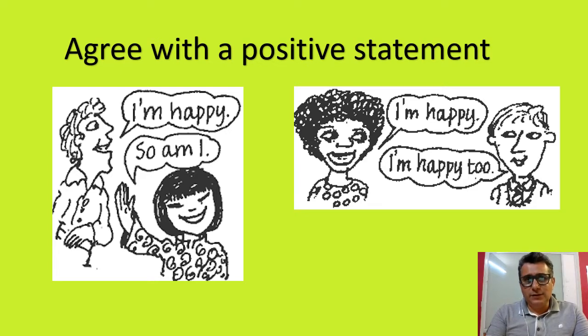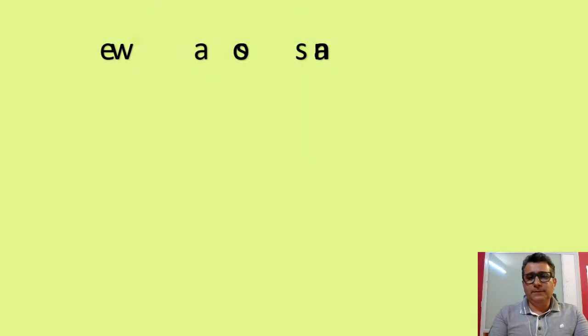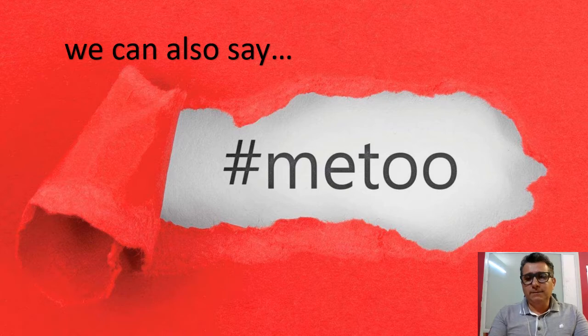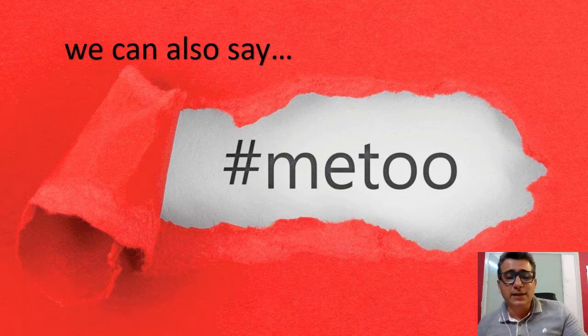Look at the other image. It says, I am happy. And the other speaker says, I am happy too. In Spanish, this is the same as the other. Both expressions mean yo también. We can also say me too. And this is more used in spoken English, because it's a bit informal.